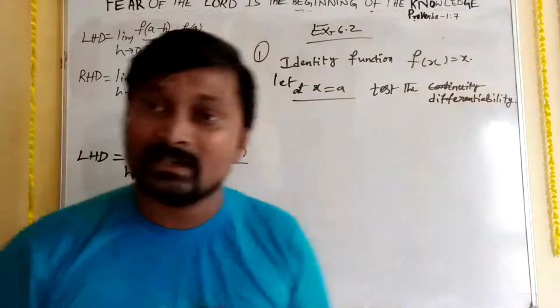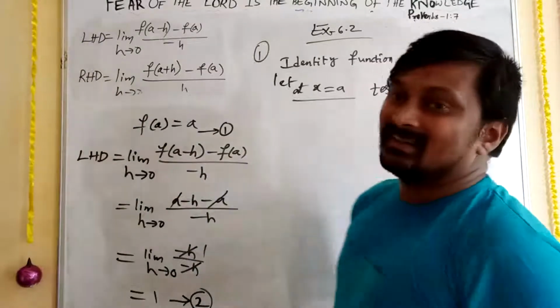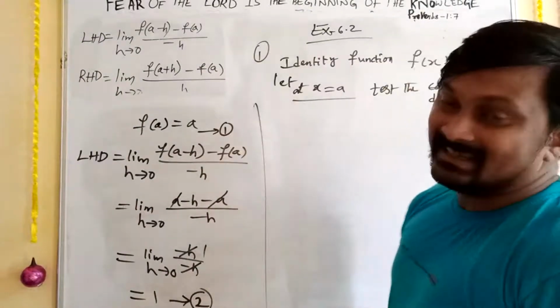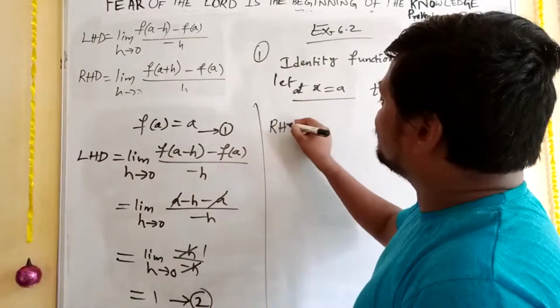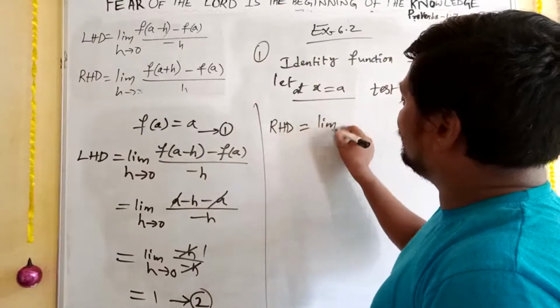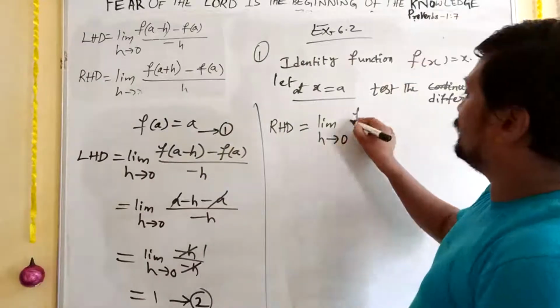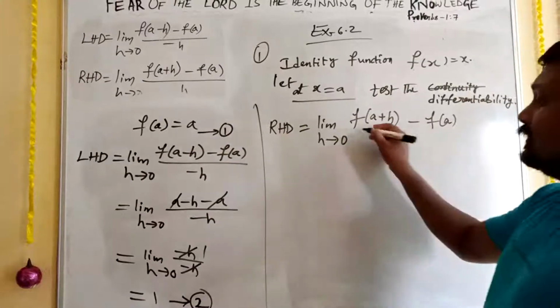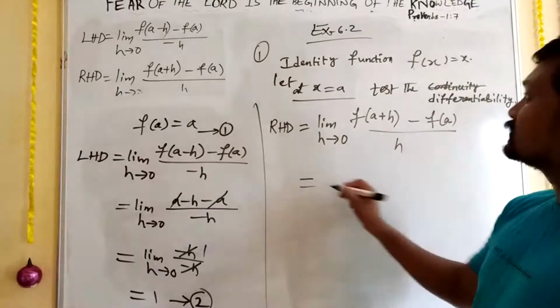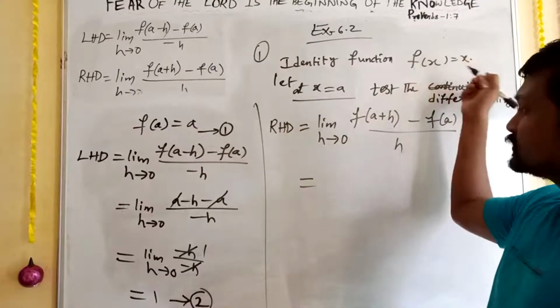Cleared up to here? Okay, we'll try. If it is completed, you will be happy. So now RHD, limit h tends to 0, f of a plus h minus f of a upon h. Wherever x is there, I need to substitute a plus h.